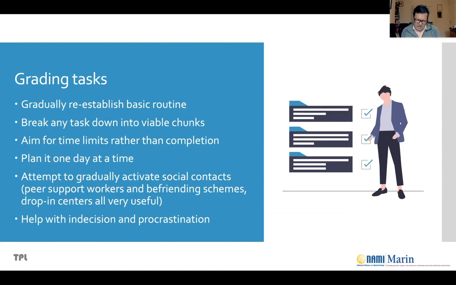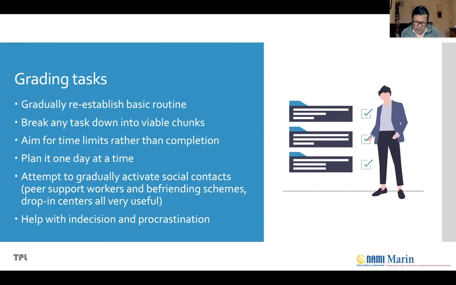It would be good to gradually get other people involved. And that needs to be at the time that is right for them. It might be a peer support worker if one is allocated to your loved one.